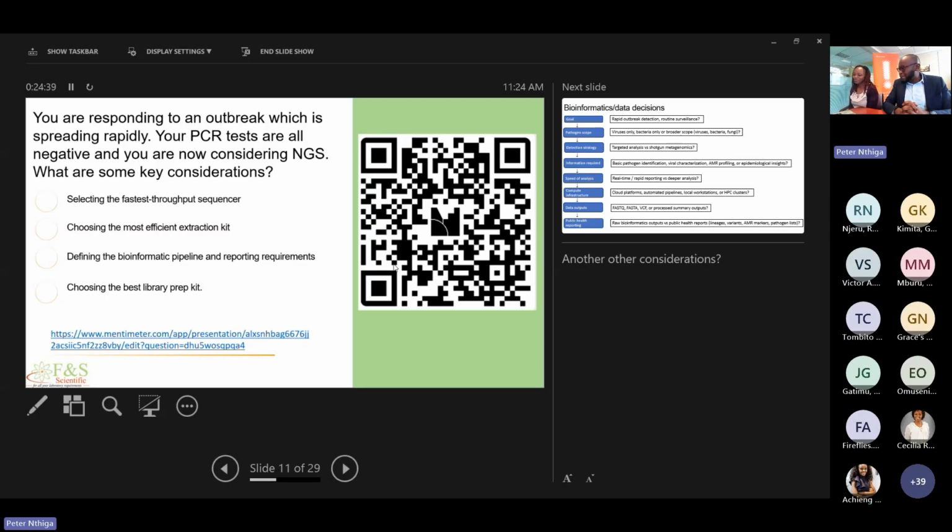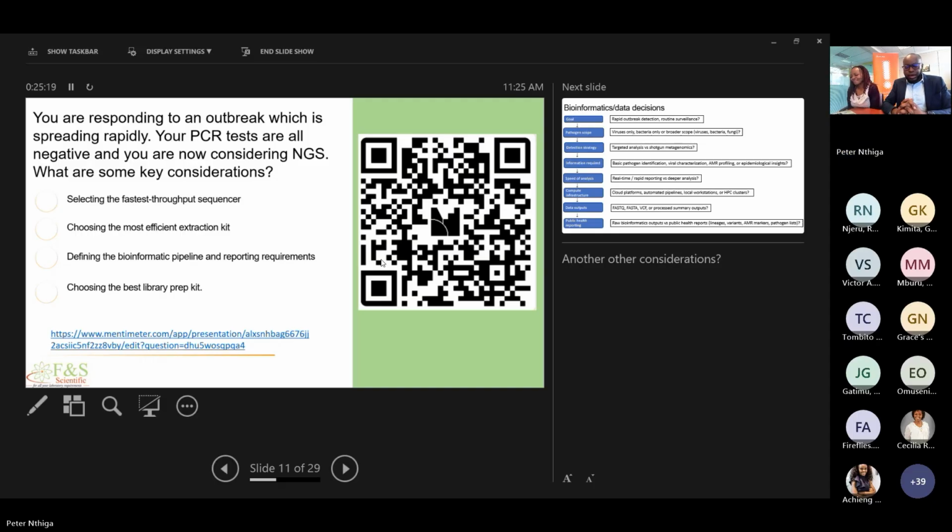Choosing the best library prep kit, or the above, okay. Sequencing deeper to increase sensitivity, okay. Why are they important? Of course, there can be some other key considerations. Okay, I think we have enough responses.